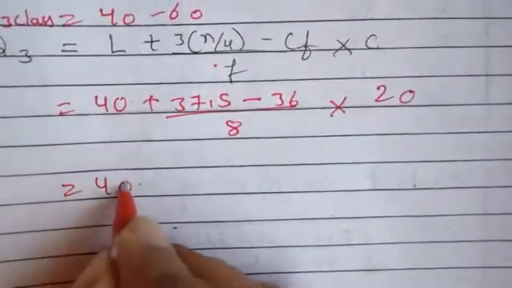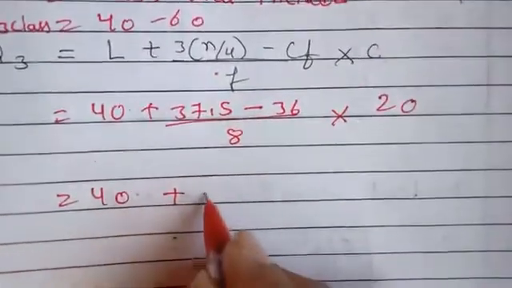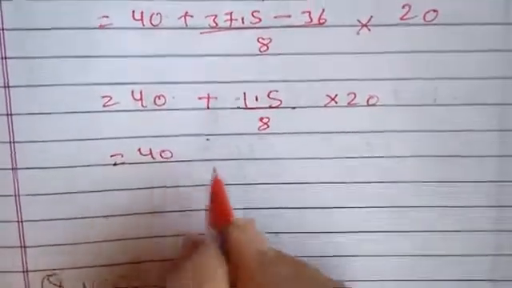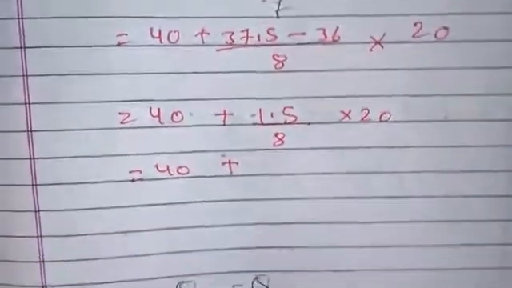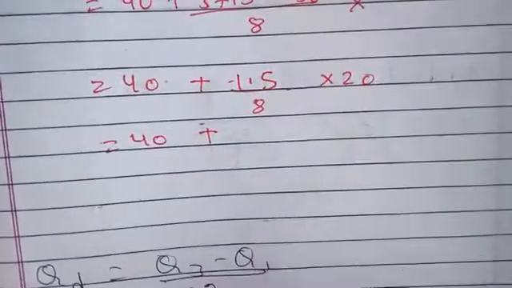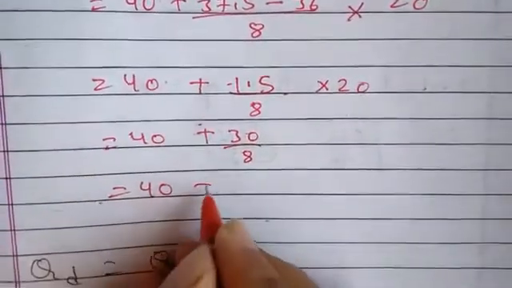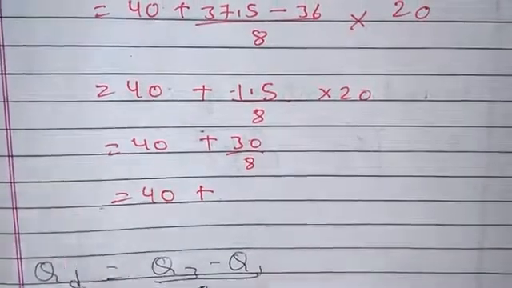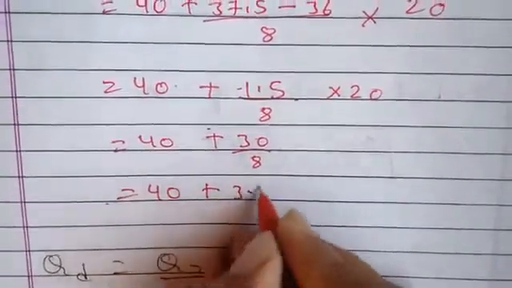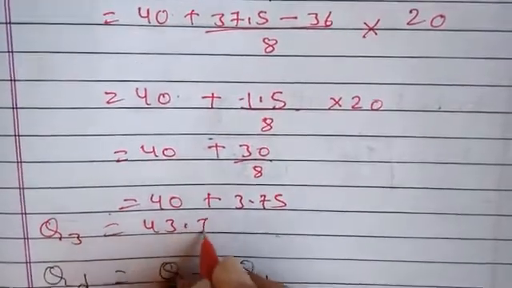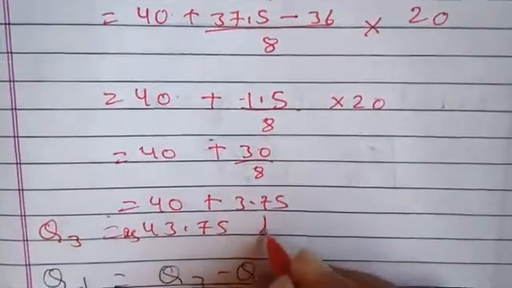So 40 plus 1.5 multiplied by 20 upon 8. So 40 plus, now 1.5 multiplied by 20 will give us 30 divided by 8. So 30 divided by 8 is equal to 3.75. So Q3 is equal to 43.75 thousand.